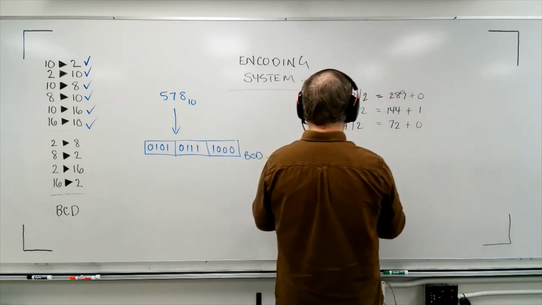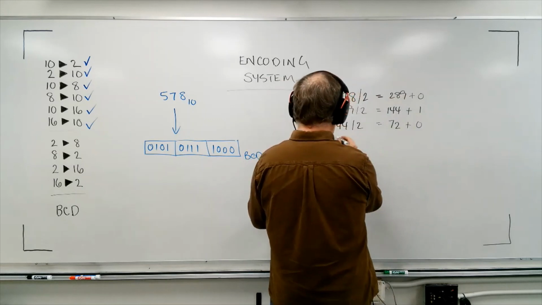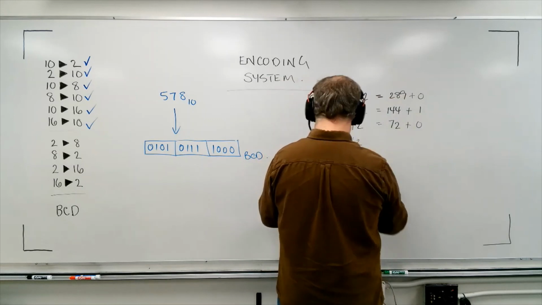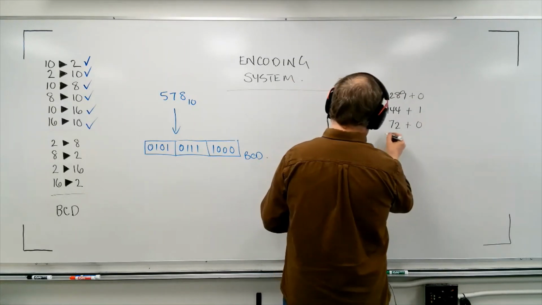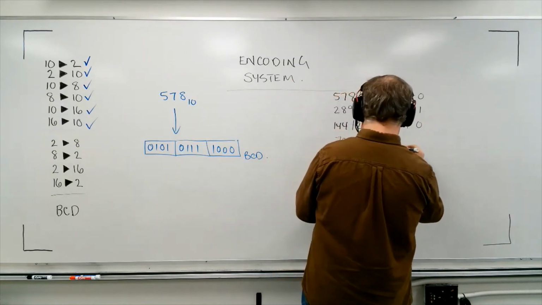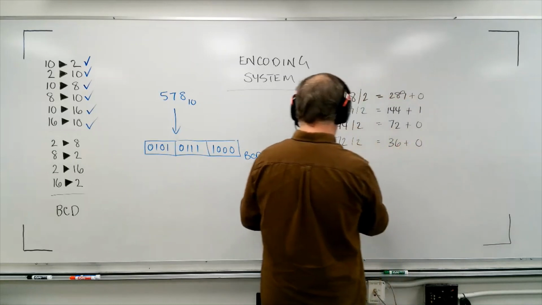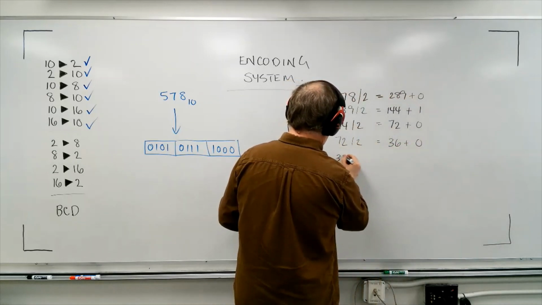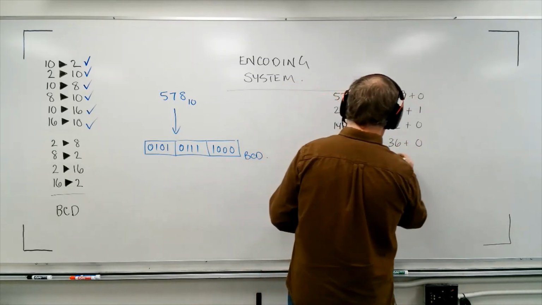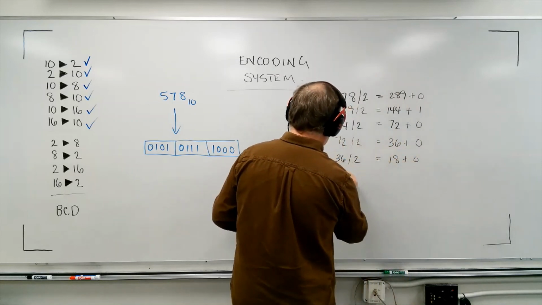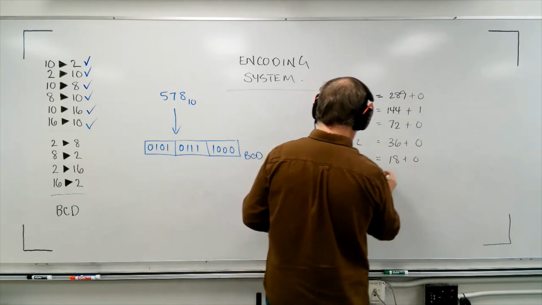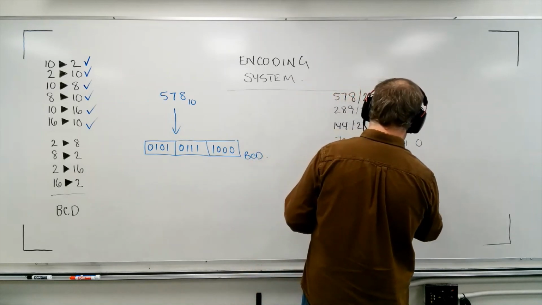Then 72 divided by 2 equals 36 plus 0. And then 36 divided by 2 equals 18 plus 0. Then 18 divided by 2 equals 9 plus 0.